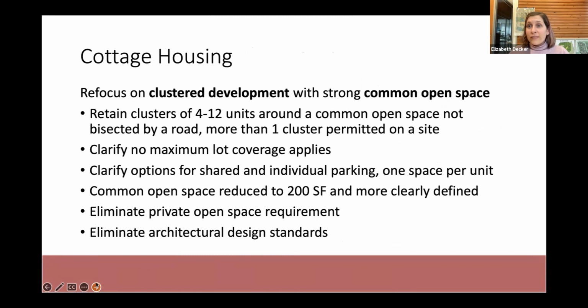Oh, Phil. Sorry, just one other quick comment. This is a code issue. Just comparing the footnote on the use table, I just want to make sure it's consistent.